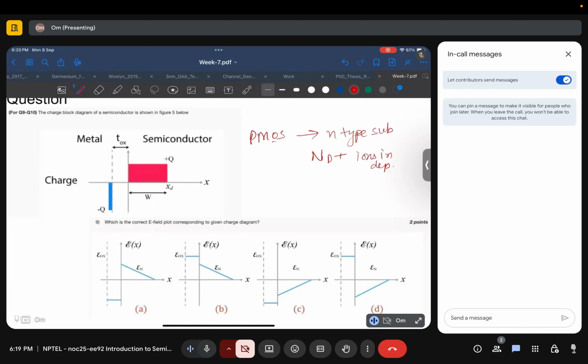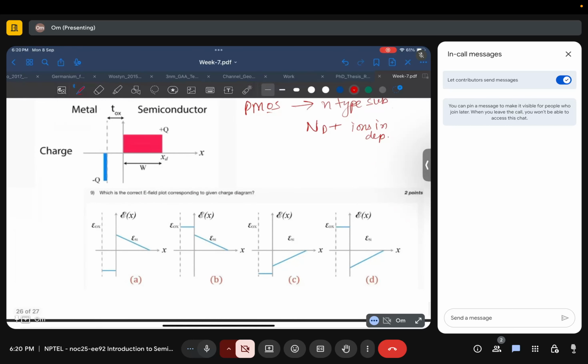Okay, so in PMOS when you apply negative voltage, you will have this. Okay, so electric field will start from negative and go to positive, right? To zero and then zero.